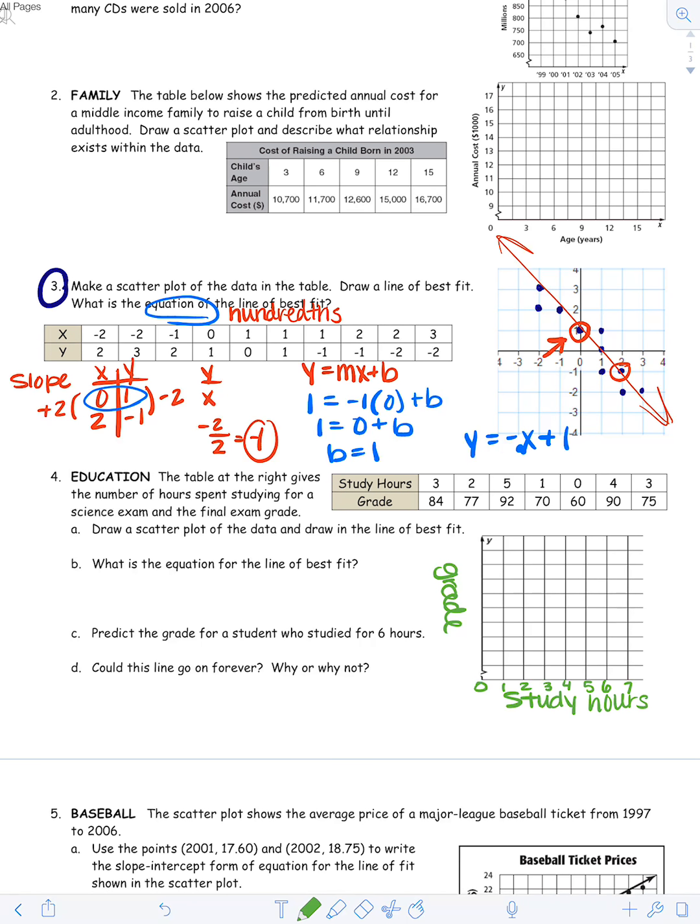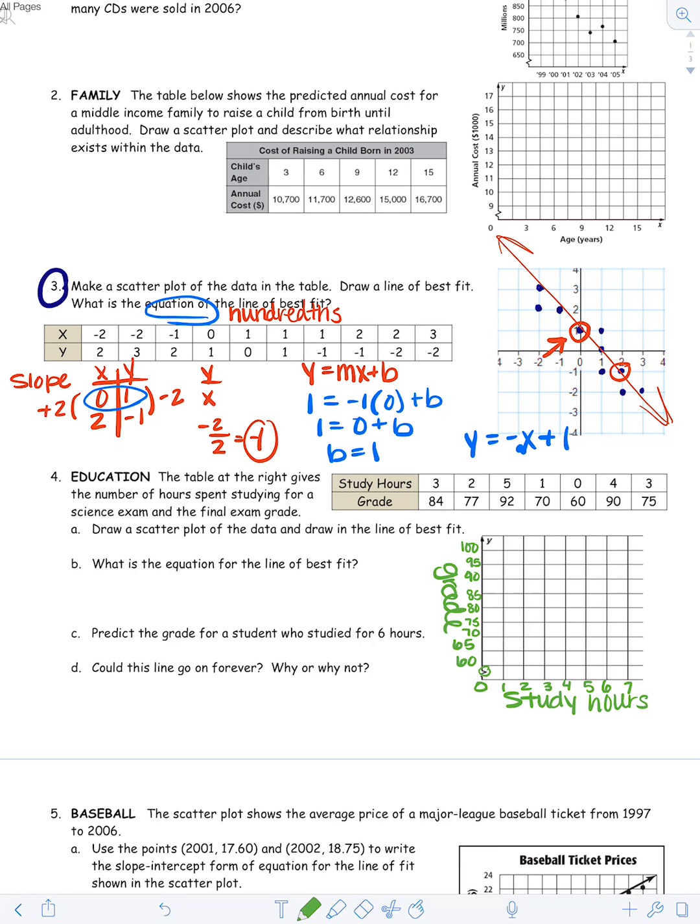So I'm going to start at 60, and this symbol down here just means that you're breaking the scale, like you're jumping from 0 to 60. And now I think I'm going to go by fives. And then I would plot my data.